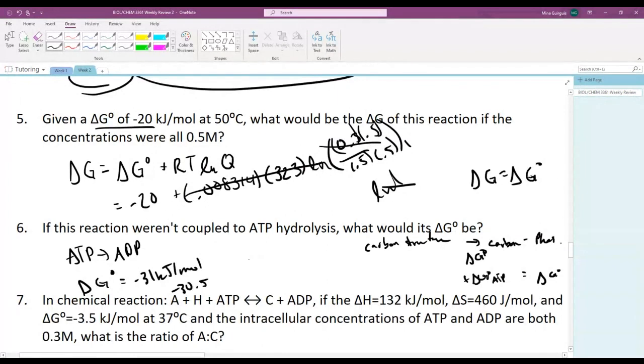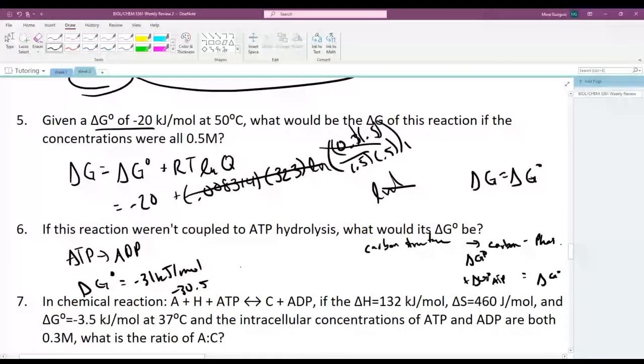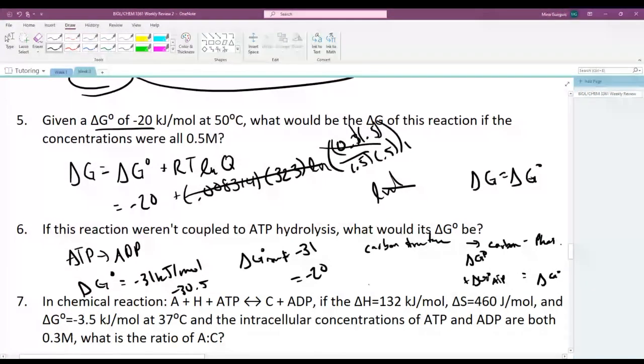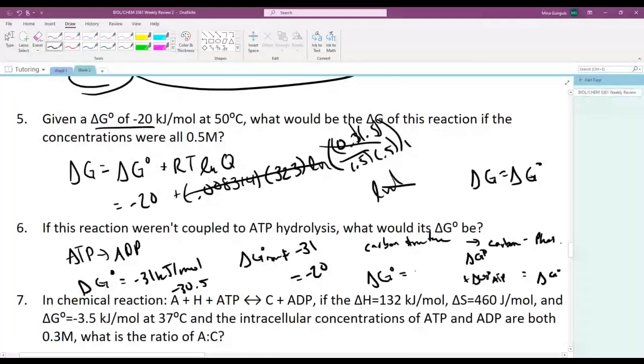So putting that together, we see delta G naught of the reaction plus negative 31 equals negative 20, okay? So when we add those and subtract those, we get the delta G naught of the reaction will be 11 kilojoules per mole.